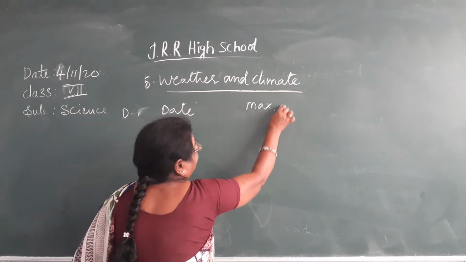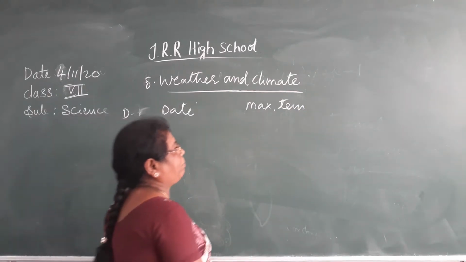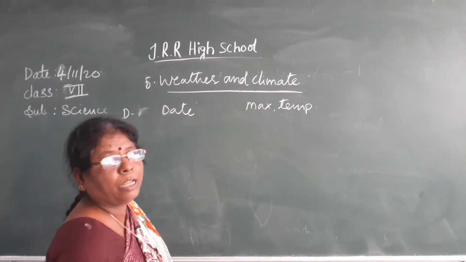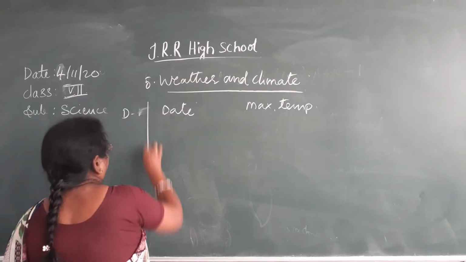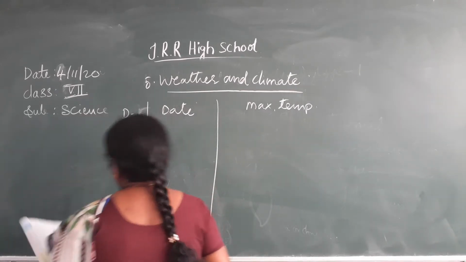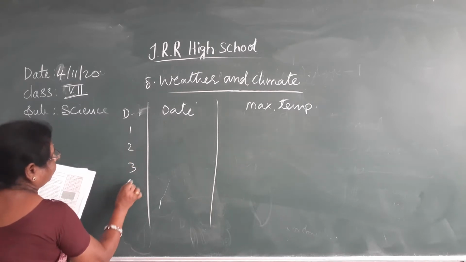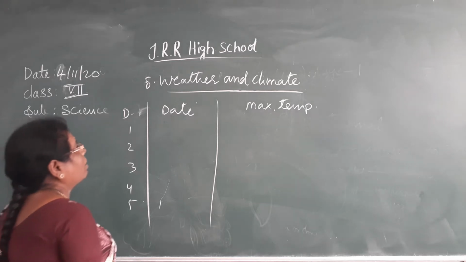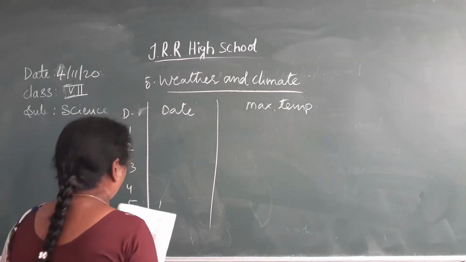Maximum temperature means highest temperature. You get the highest temperature in the summer season. Minimum temperature you get in the winter season. Here days, maximum temperature and minimum temperature. Day 1, 2, 3, 4, 5 days I am taking. You can take the dates and 5 days temperature from the newspaper.